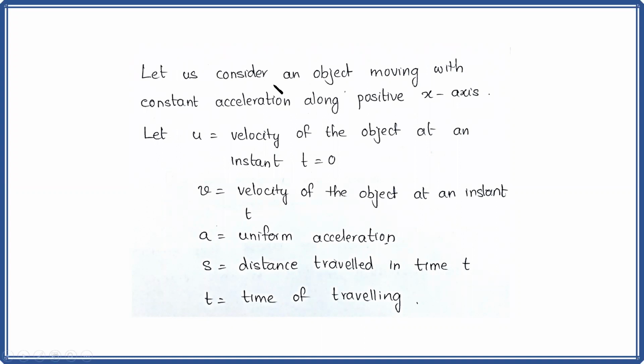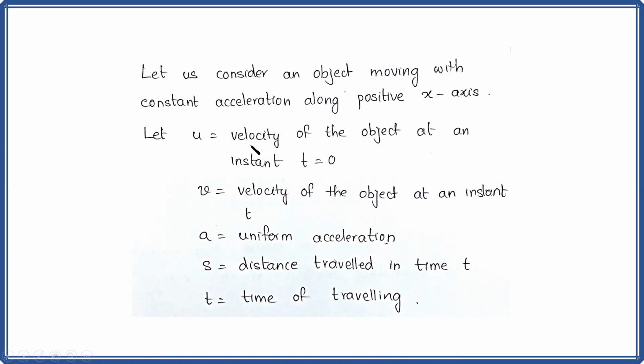Whenever you take it along the positive axis, it will be easy for us to do things in a simple way. Here, as I told you earlier, u is the velocity of the object at the instant t is equal to 0.